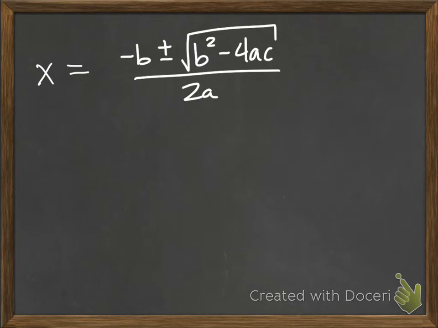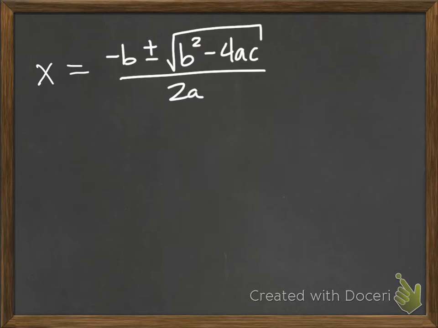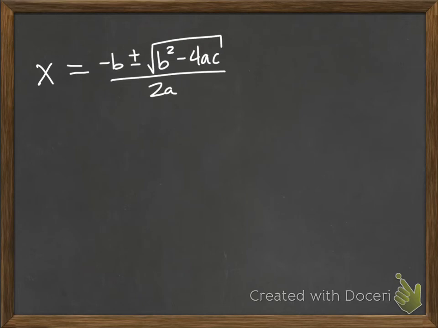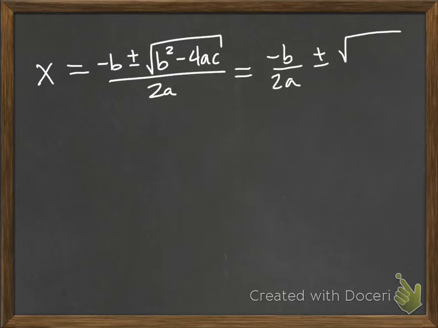It's a fraction now, but because I've got the plus or minus, I could put it into two pieces. So this is really negative b over 2a plus or minus all of this over 2a. Same thing, I just put that over that and that over that. So I didn't really change much.